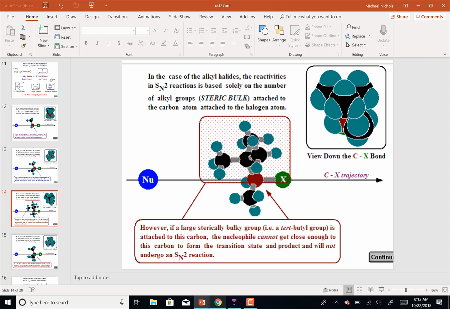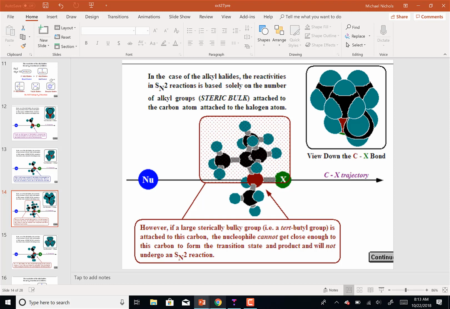Now, what we talked about probably a month ago was the idea that the one-step mechanism, SN2, occurs fastest with primaries and secondaries. But the other mechanism, the multiple step mechanism, the SN1, occurs with tertiaries and secondaries because the carbocation is more stable.